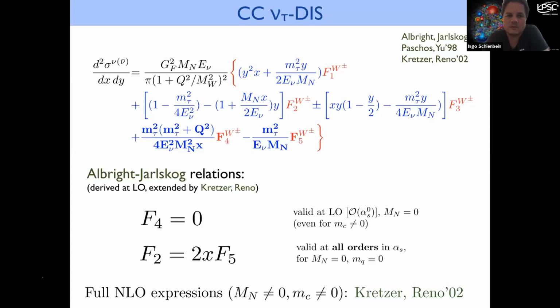So the mass of this with respect to the center of mass energy would be negligible and neglected. But in the case of tau neutrino DIS, one would like to keep the F4 and F5 structure functions, and there would be the cross section. And then there are relations at leading order that F4 is actually 0 and F2 is related to F5, which one can calculate. And in the literature, the full next-to-leading order expressions are also known.